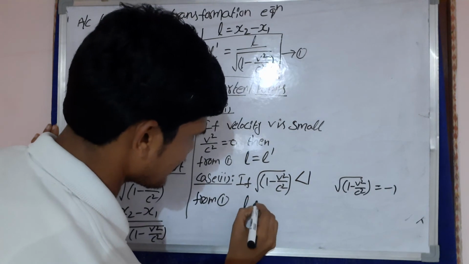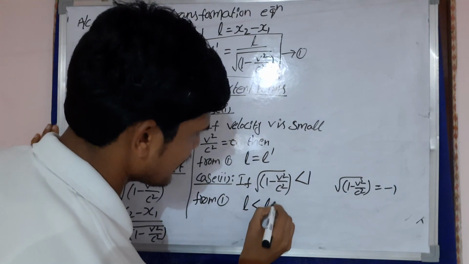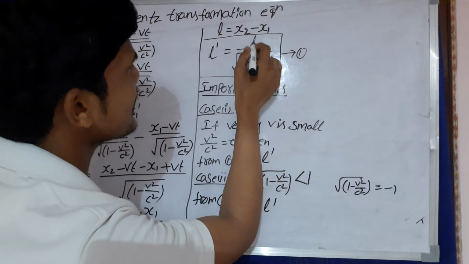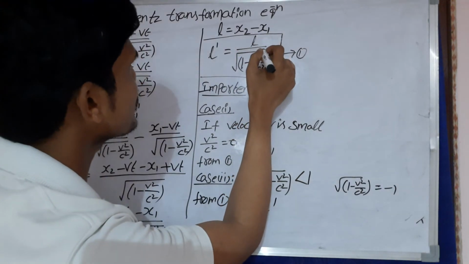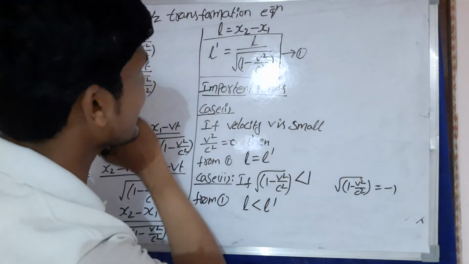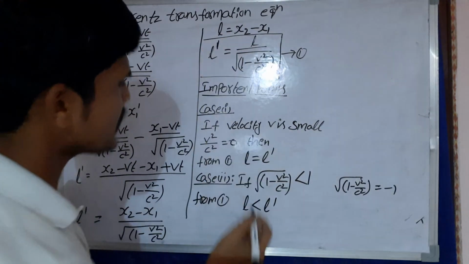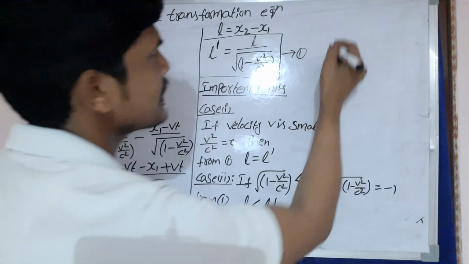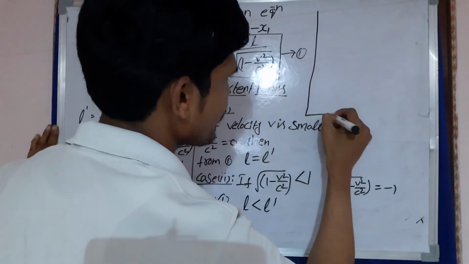So L is less than Ls. That means the length is decreased compared to the Ls value. This is the second case.